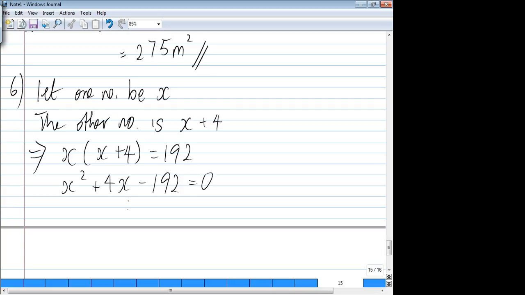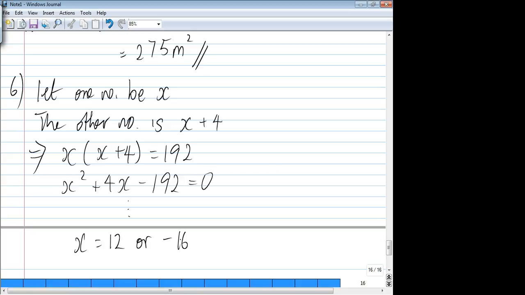You can do it yourself using factorization, completing the square, or the quadratic formula. You will arrive at two values for x. What are the two values for x that you got? Okay, so you continue, you get x equals 12 or negative 16.